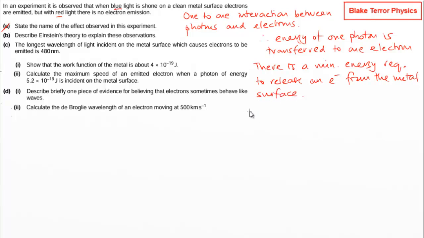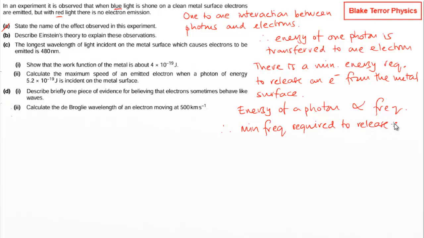Then we can say that the energy of a photon is proportional to its frequency. So combining those two things, there is a minimum frequency required to release an electron from the surface of the metal. And we can say that that is the threshold frequency.